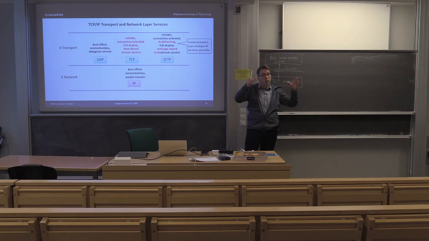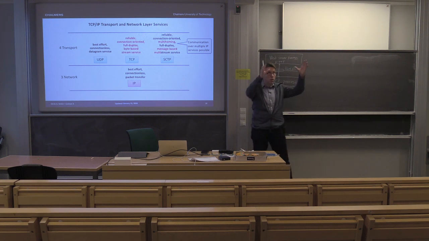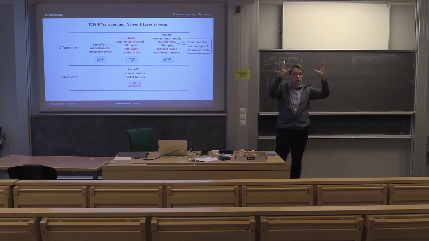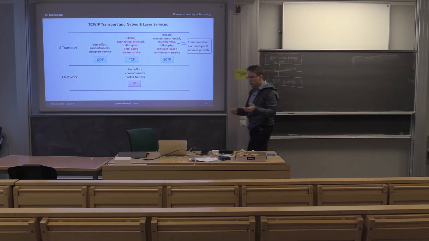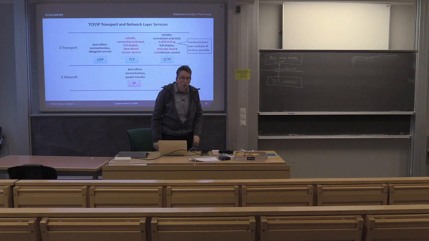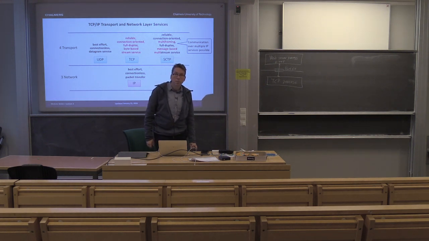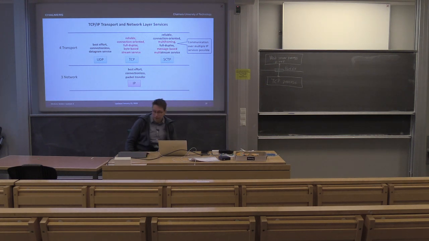Okay, so I will guarantee that the messages I get from above will be delivered to the receiver in order. And it will be in order for each of the streams I get from above. Okay, and that's sometimes useful. Questions on this?